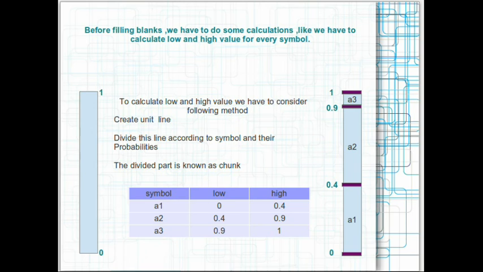For A1, its lower limit is 0, therefore I write 0, and its upper limit is 0.4, therefore high of A1 is 0.4. For A2, the lower limit is 0.4, therefore low of A2 is 0.4, and A2's upper limit is 0.9, therefore high of A2 is 0.9. Similarly, we calculate low and high for A3.